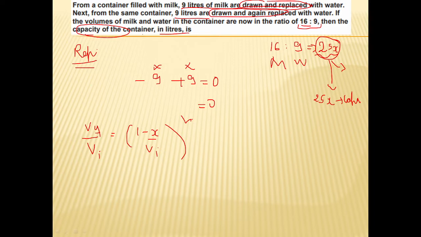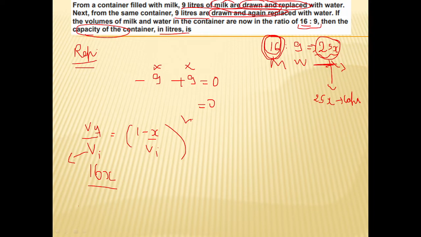Now what are Vf, Vi, x and n? I am doing this question with respect to milk, since the replacement is done of milk. So the final volume of milk is given as 16x. And the initial volume, Vi, is the volume of the container initially, which is 25x.